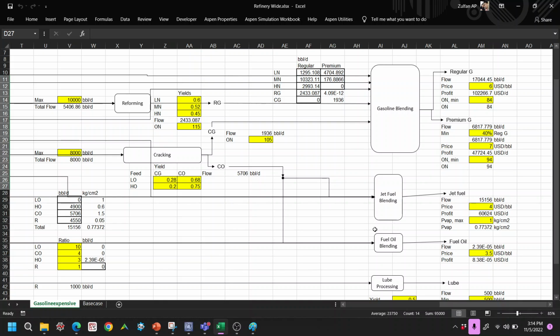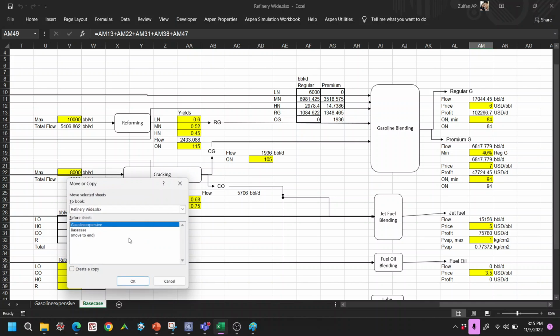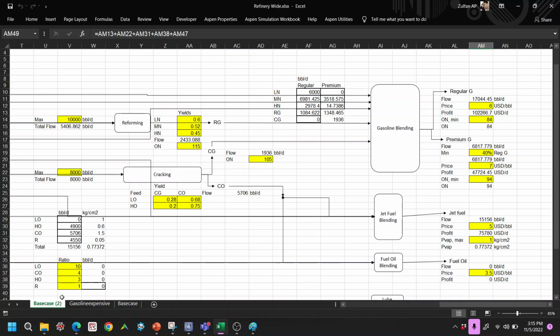So for example, let's take another one. If the price here is higher, we would expect the jet fuel to be higher. Let me copy this, so that I can see this is not the base case. Jet fuel 20% expensive, right?